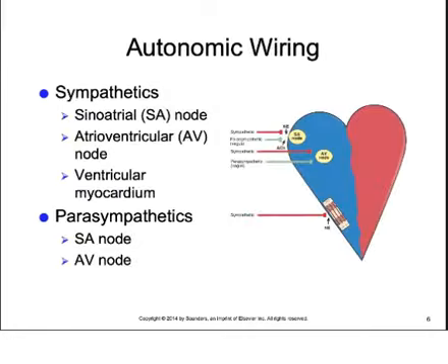So you can see how the sympathetics are going to lead to the heart, right? They're going to talk to the SA and the AV node, and they're also going to have an effect on how hard the myocardium squeezes. So the effect of the sympathetic, as we discussed, is to raise the rate, right?